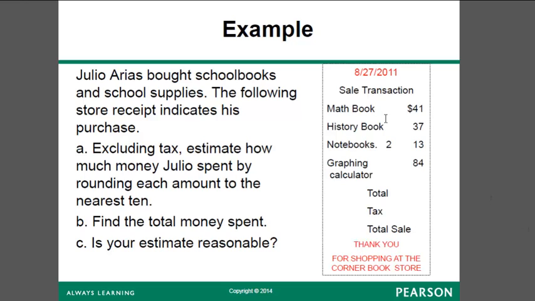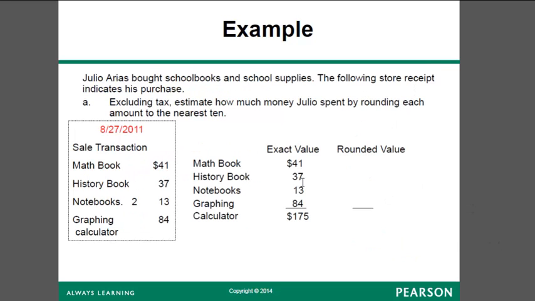So we have a math book for $41, history book for $37, two notebooks for $13, and a graphing calculator for $84, and we want to estimate how much money he spent. Here's the exact value of how much it would have taken him, but we want to estimate it. So we want to round each of these to the nearest 10.